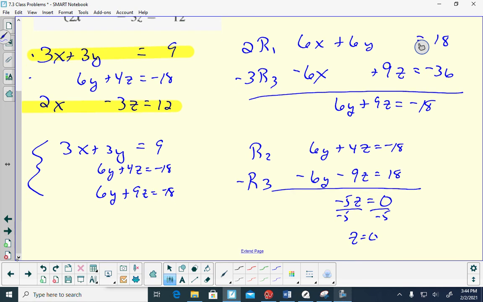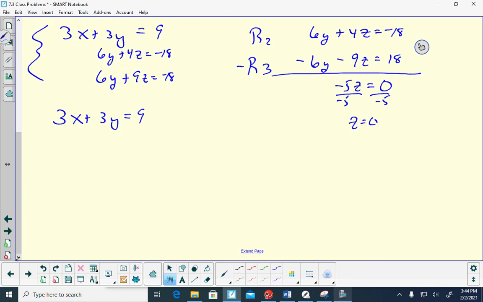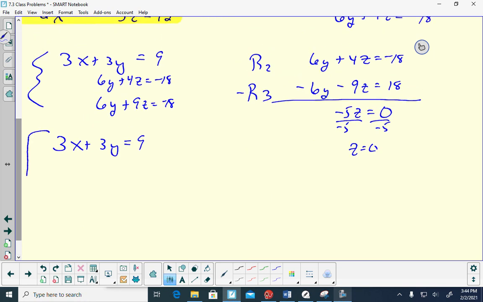So now what I have is 3x plus 3y is equal to 9. My second equation, and I'll put a little bracket around this, is 6y plus 4z is equal to negative 18, and then z is equal to 0. Now at this point I can do back substitution, or I can do row 2 and row 3.